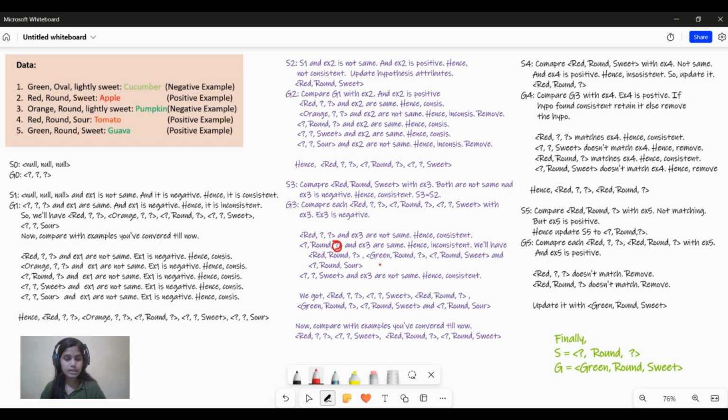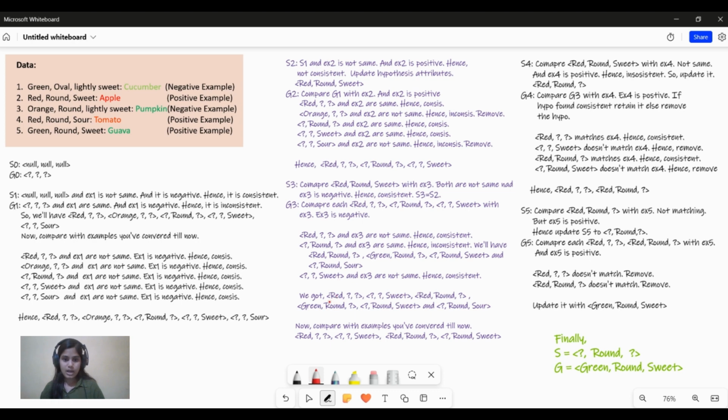You understand this? Now let's compare the third hypothesis, which is question mark and sweet. So question mark covered, and sweet, so not the same, and the example is negative, so it is consistent. We will retain it as it is.